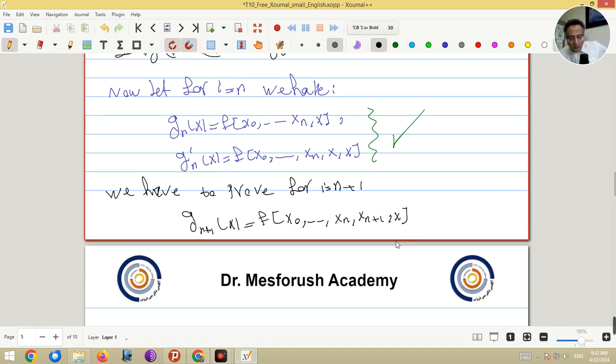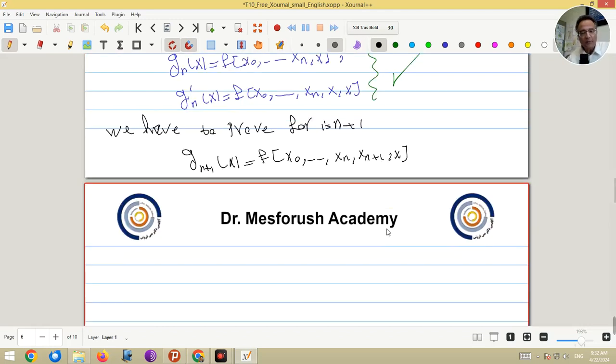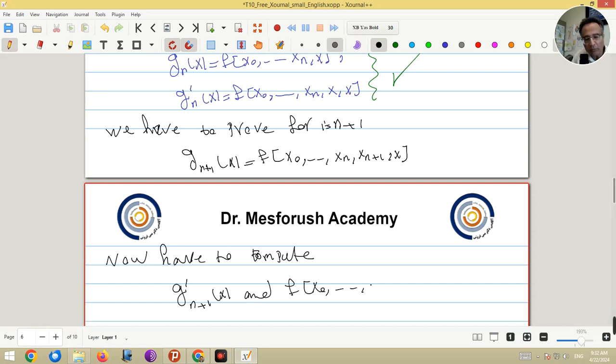Now we have to compute two things: g n plus 1 prime of x and f of x0 to xn plus 1, x and x. Okay, so let me start to compute.